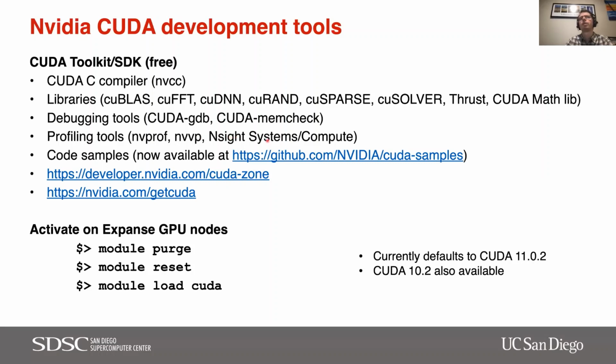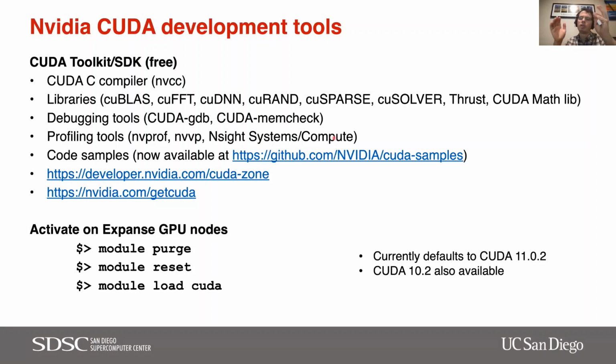So NVIDIA is really pushing their Nsight Systems and Nsight Compute. Nsight Systems gives you an overview. I'm not going into that, but it gives you an overview of the entire runtime of your code. How much time is spent on the CPU, when are your kernels launched, when are you running on the GPU, how much data transfer, and so on.